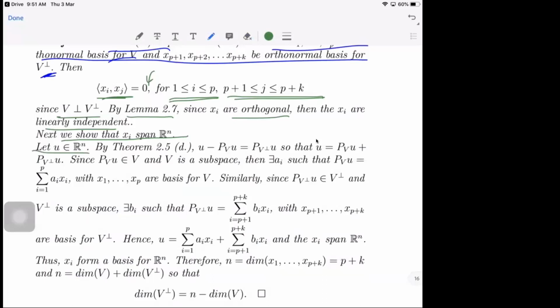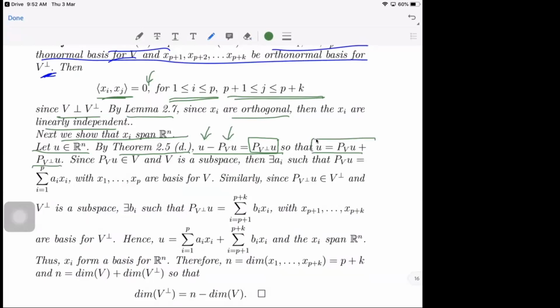So let U be a vector in Rn. Then by theorem 2.5d, the projection of U onto V perp is the difference of the vector minus the projection of U onto V, so that you can write U as the sum of the projections.